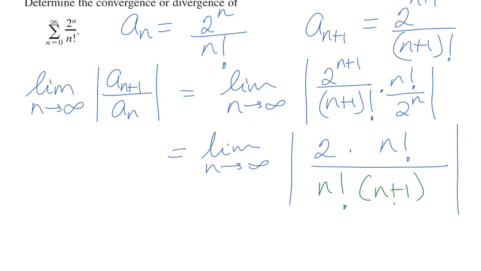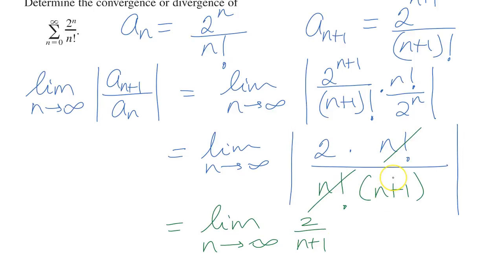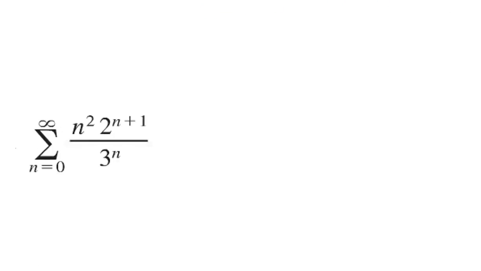Remember how we simplified factorials back in 9.1? If you have forgotten how to simplify the ratio of factorials, please go back to 9.1 and have a look at it. Okay, (n plus 1) factorial is n factorial times (n plus 1). The n factorials cancel out. This is going to be the limit as n goes to infinity of the absolute value of 2 over (n plus 1), which is simply 2 over (n plus 1), guys, because n is a positive number, and that limit is 0. And the ratio test says if the limit is less than 1, the series converges absolutely.